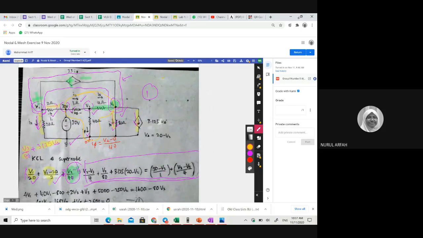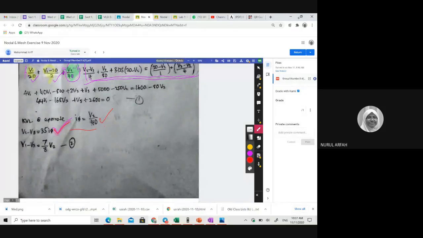It is 20 minus V2 divided by 1. This is going to the right and then equal to V2 over 40 plus V2 minus V3 over 4. Okay. And then you rearrange, you have 3 equations. This is number 1, this is number 2, and the last one here, number 3.